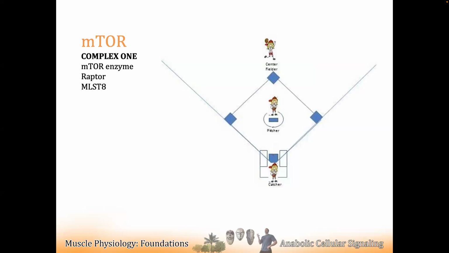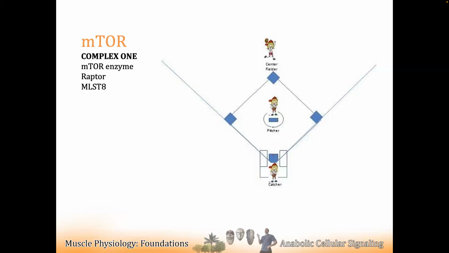So in this case, mTOR is a kinase. It's what does the phosphorylating of downstream targets. And then the catcher here, we'll call that Raptor, regulatory associated protein of mTOR, R-A-P-T-O-R. So mTOR has to pitch its phosphates somewhere specific, and Raptor provides its targets. I'll explain that in a minute.